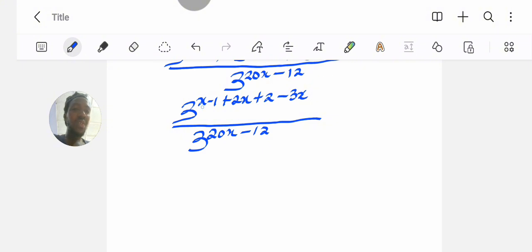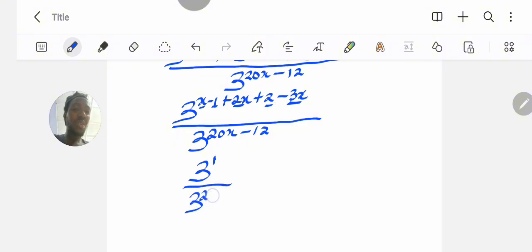So x plus 2x is going to give you 3x. 3x minus 3x is going to give you 0. That means the guys with x have disappeared. You are left with minus 1 plus 2, which is going to give you 1. You are owing 1, you have 2, you are going to be having 1.